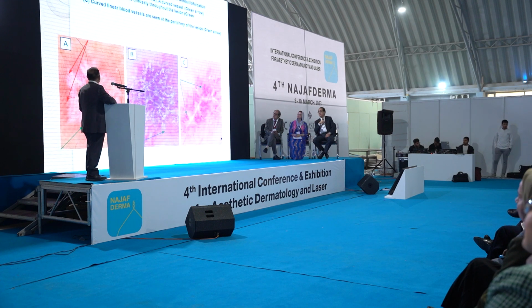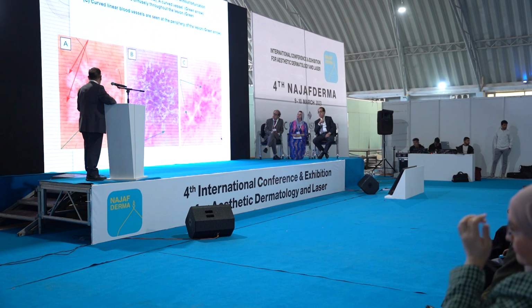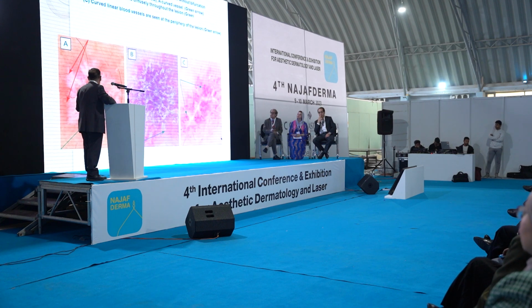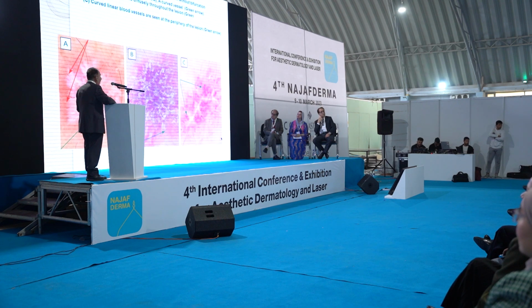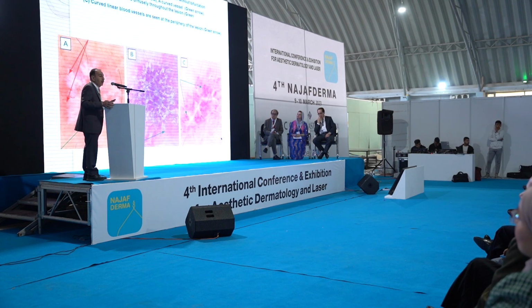Picture B, dots and globules are distributed non-uniformly. Picture A, there are linear, at the green arrow, linear and branching blood vessels, while the red arrow shows us linear curved blood vessels. These are present in lichen planus, and if you see them, this makes the diagnosis of psoriasis or eczema unlikely.